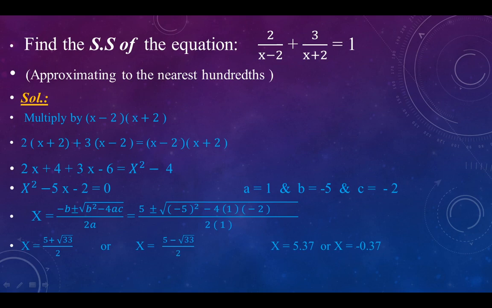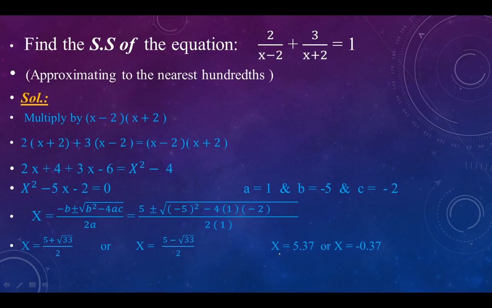So the first solution will be 5 plus root 33 over 2, and the second solution will be 5 minus root 33 over 2. Here in this example, it asks you to approximate the result to the nearest hundredth. So we want 2 decimal places, or 2 digits after the decimal point.